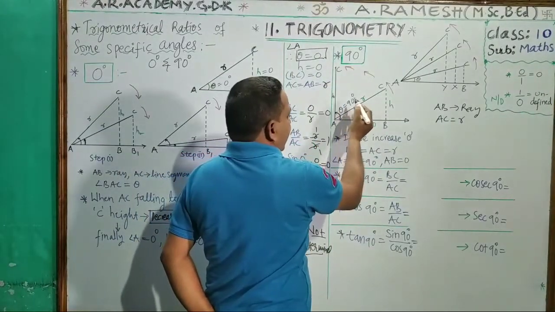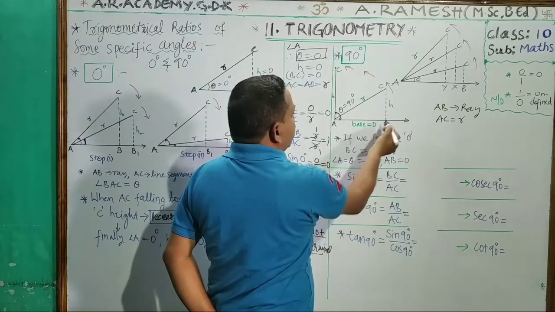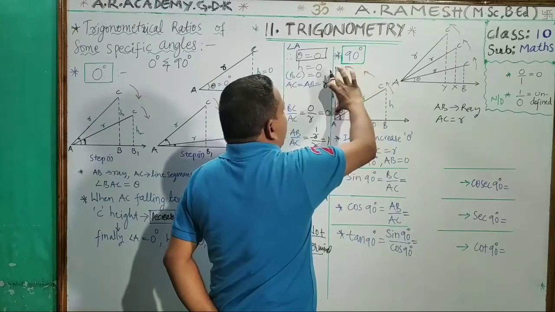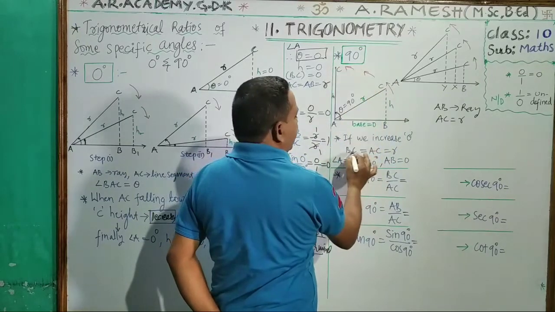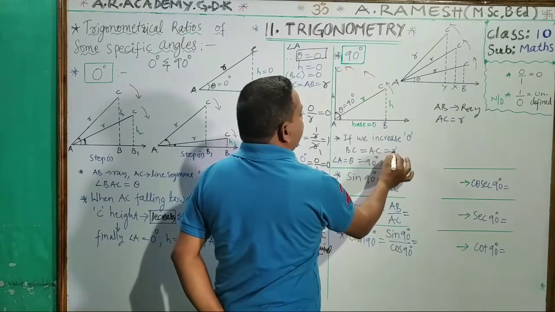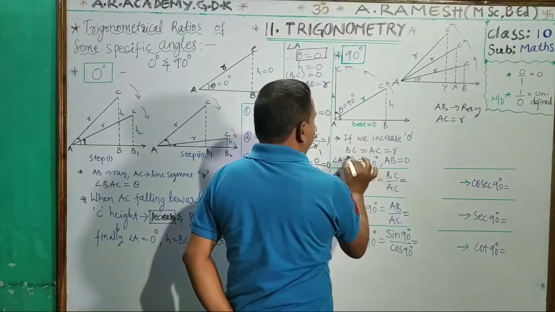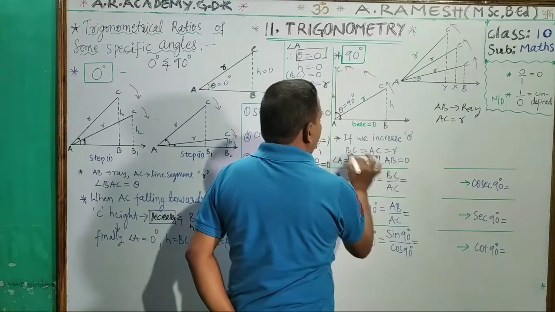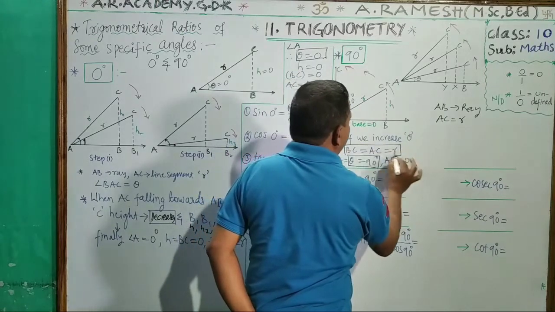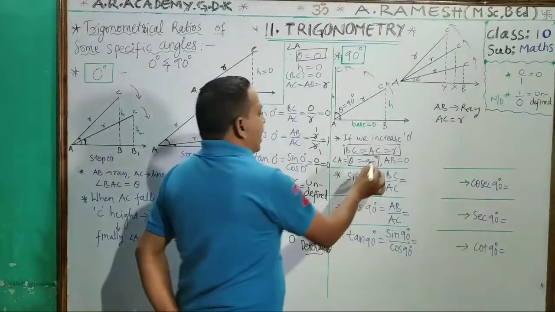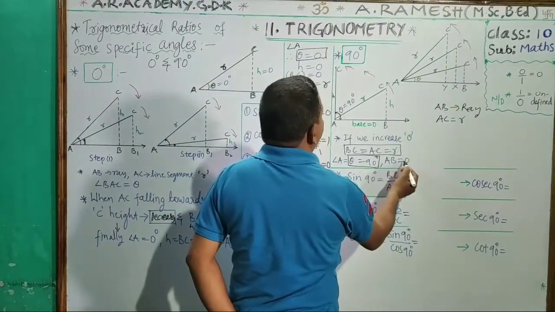As theta becomes 90 degrees, BC exactly coincides with AC. BC becomes AC and is equal to R, remember children. So theta is becoming 90 degrees, and BC and AC are equal to R.